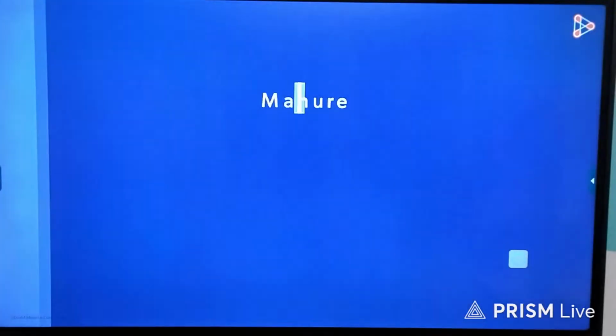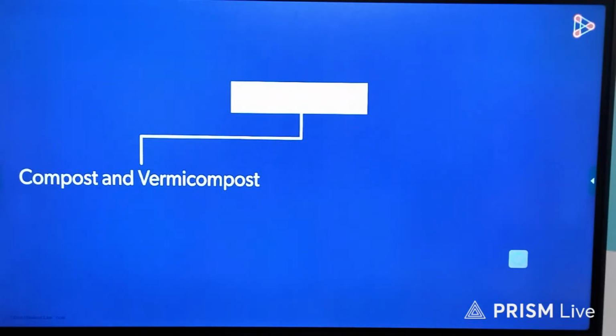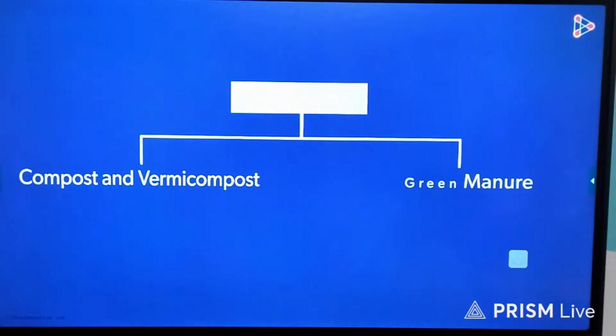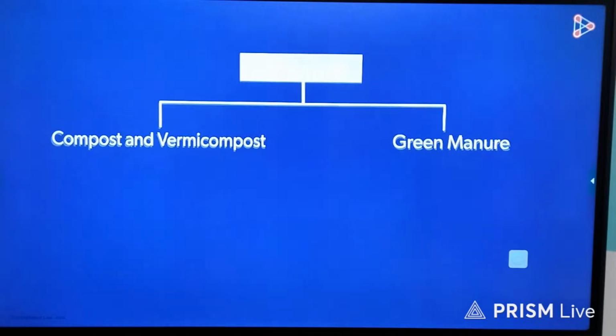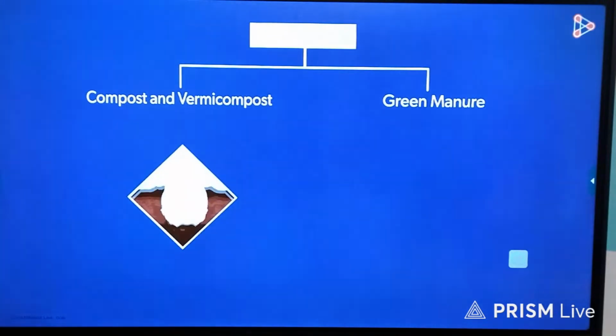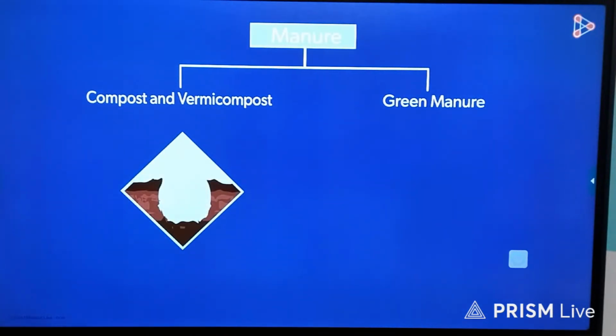Do you know that there are two main types of manure based on their components? One is called the compost and the vermicompost, while the second one is known as the green manure. What is the difference between the two? Compost material is formed by digging a pit in which all biological waste materials are added.